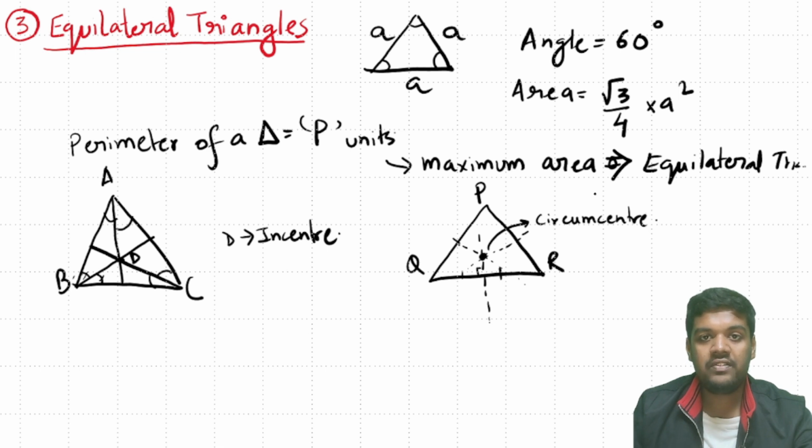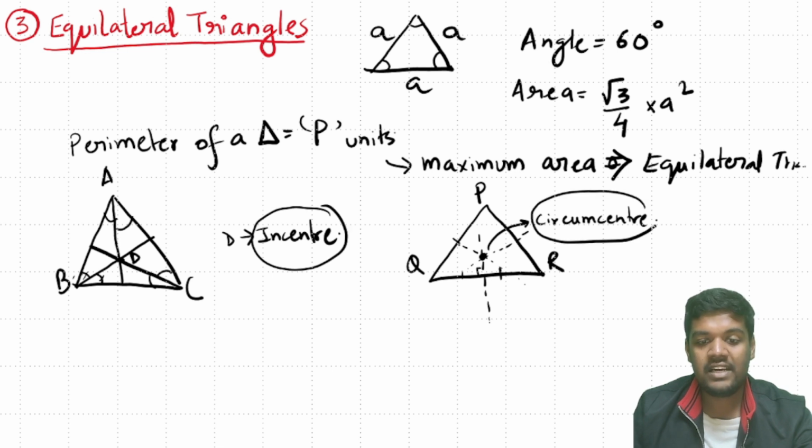So what I want to share with you is in equilateral triangle, incentre and circumcentre coincide with each other. मतलब the point of meeting of angle bisectors and the common point of meeting, which is the intersection point of perpendicular bisectors, is same in equilateral triangle. Okay. I also want to share one of the important properties of equilateral triangle. So let's see.